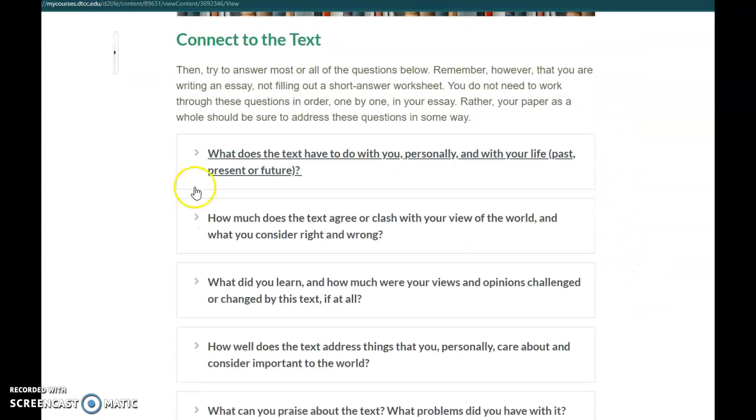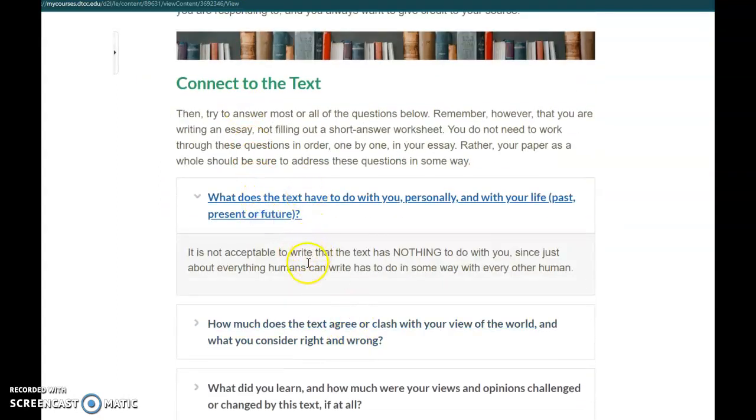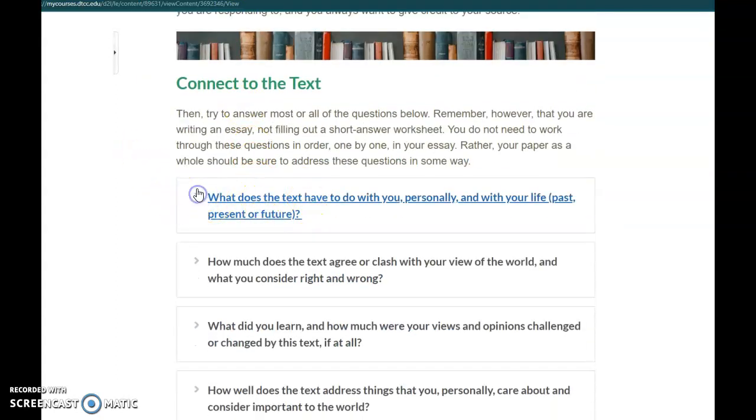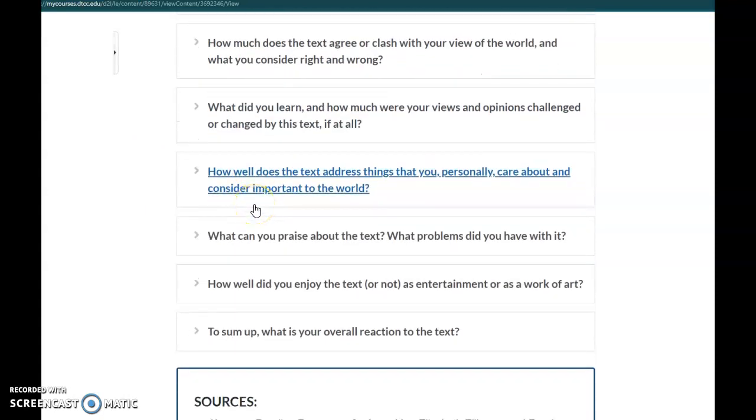When you scroll down to this section, Connect to the Text, there are a series of questions, and you can click for a little bit more information about each of these. Each of these questions is a starting place for you to respond to.